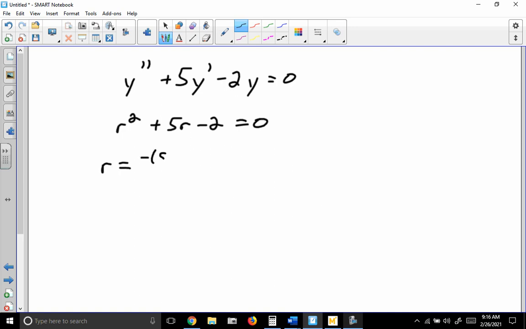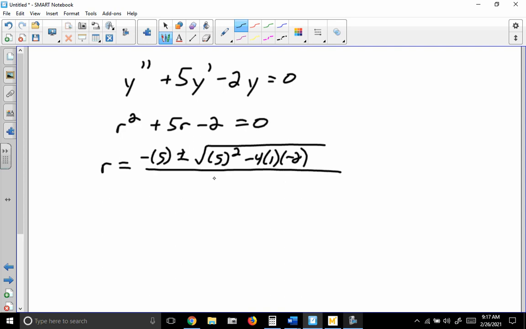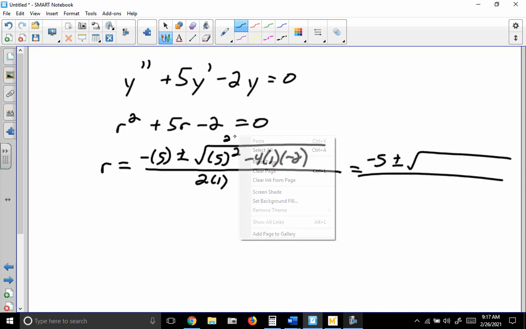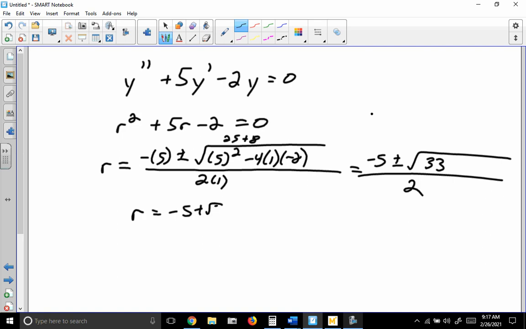So the opposite of b plus or minus the square root of b squared minus 4 times a times c, all over 2 times a. So that gives us a minus 5 out front. Under the radical, we have 25 minus times positive times minus is positive. Two negatives make a positive, and that's going to give us 8. So we get 33 under the radical, 2 on bottom. So notice this is two solutions. This is negative 5 plus root 33 over 2. And this is negative 5 minus root 33 over 2.